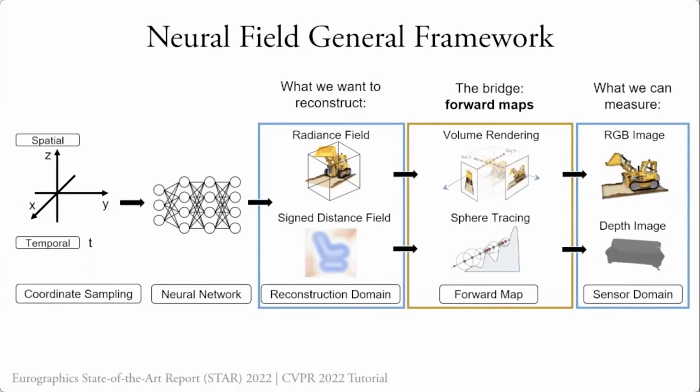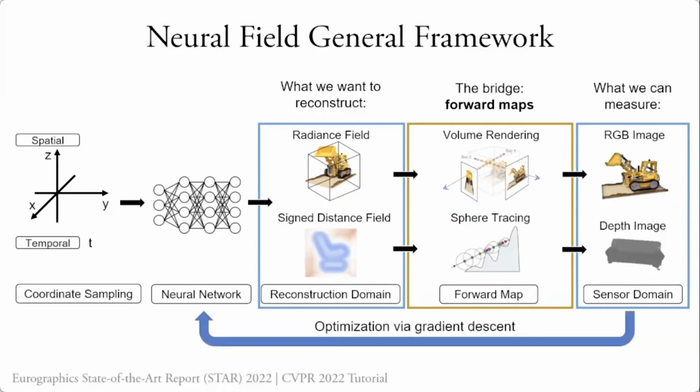And when we think about the visual domain, we think about rendering algorithms that turn some representation into a 2D image. And these are differentiable rendering techniques, like volume rendering or sphere tracing, that we can use in combination with an optimization routine.